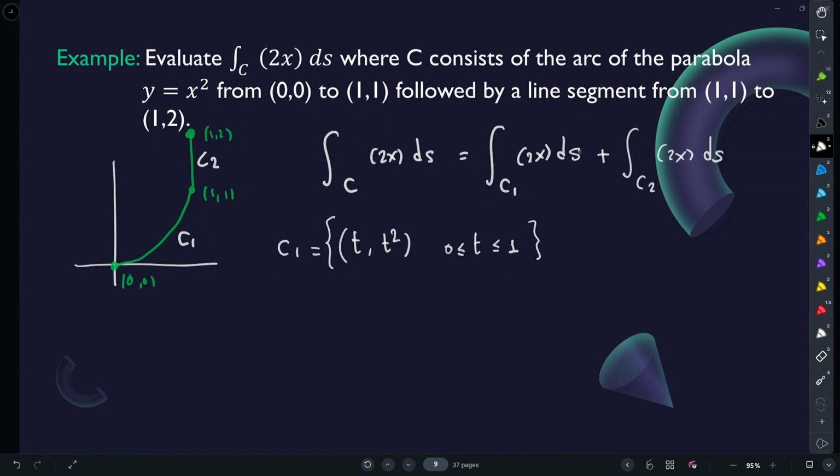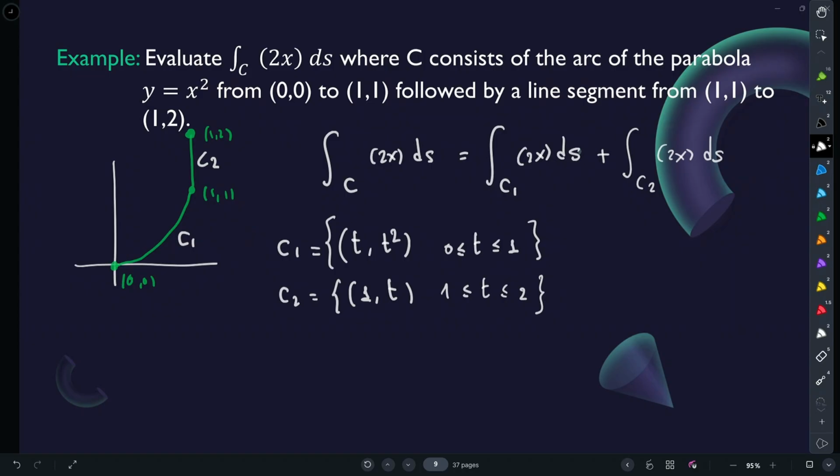The points on the second path are going to be points that have the x coordinate fixed equal to 1, and the y coordinate is going from 1 to 2, like this. And then I can just go between t again between 1 to 2. So let's just do it easy, going from 1 up to 2.